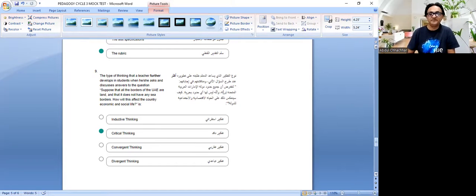For example, right now I'm selecting a question answer, that is convergent thinking. There's only one solution. However, divergent thinking means giving many solutions to one problem. But over here, it's not about convergence. How will this affect the country's economic and social life?